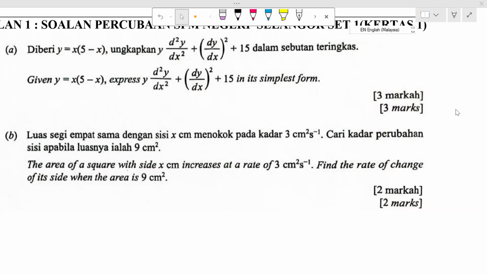Right. Let's check. Okay. So for A, y equals to this. Now I would write like this: 5x minus x squared. I won't use the product rule. Why choose the trouble? Okay, just expand and do the fx and gx thing. Now we find dy dx and d2y by dx2 separately.